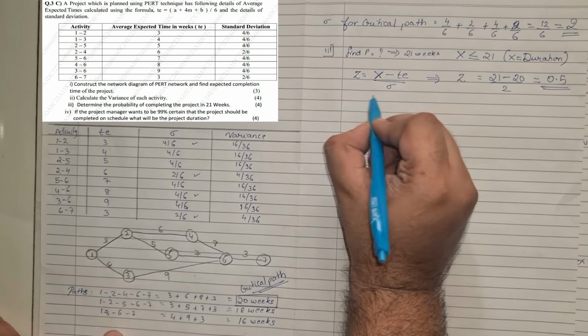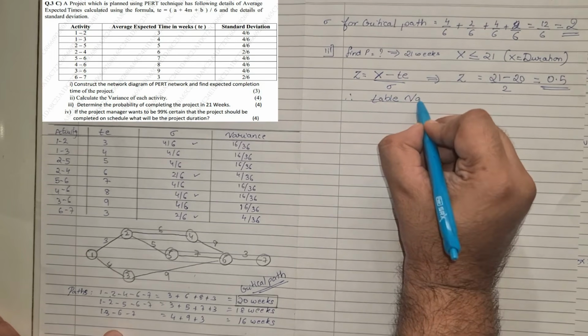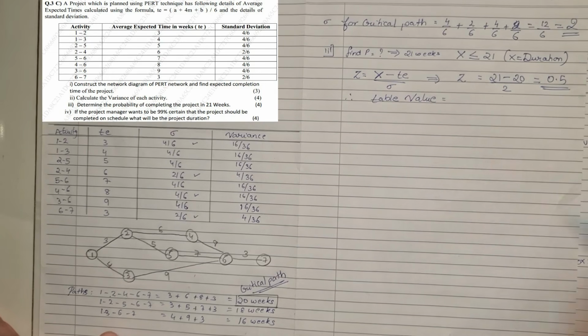So we need to find the table value now. If the z value is 0.5, what will the table value be? So now we'll have to look into the chart.